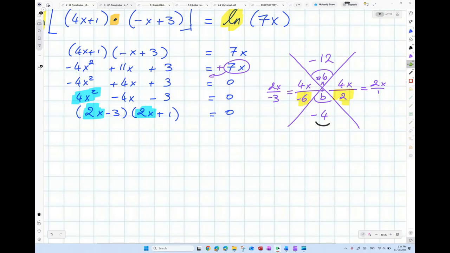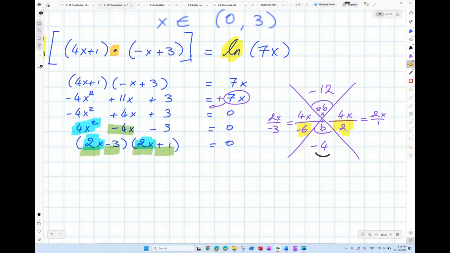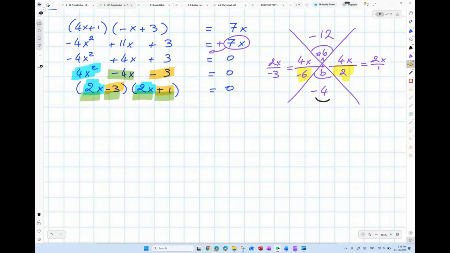Then -3 times 2x is -6x. 2x times 1 is 2x, and -6x plus 2x is indeed -4x. And finally, -3 times 1 is -3. So do not hesitate to take the time to FOIL it back to see if you did things correctly.